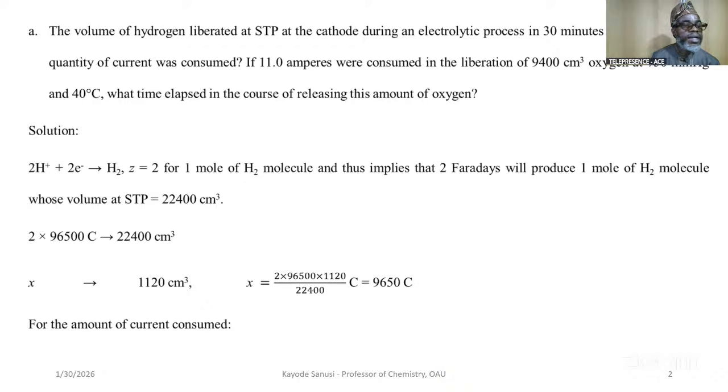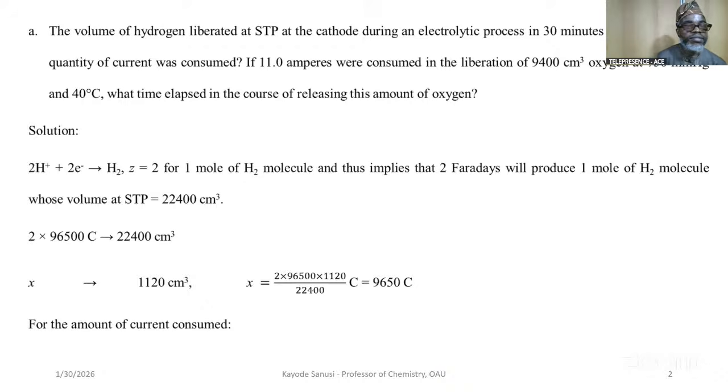We were trying to provide a solution to this particular question. The volume of hydrogen liberated at STP at the cathode during an electrolytic process in 30 minutes is 1,120 cubic centimeters. What quantity of current was consumed?